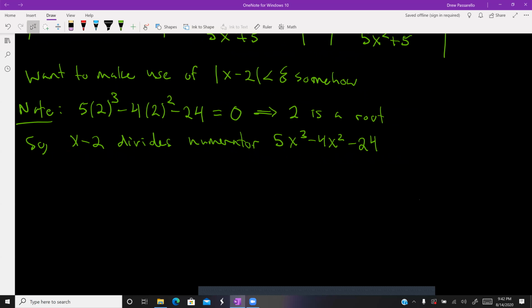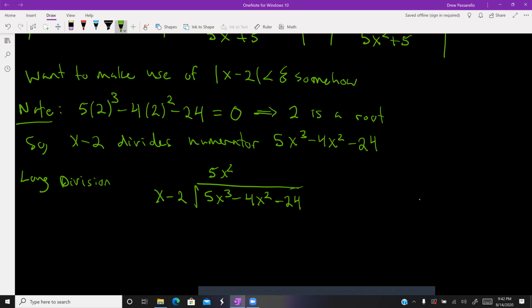All right, so we'll do some long division, or synthetic division if you know synthetic. So if we did the long division, dividing x minus 2 into the polynomial in the numerator, what do we get? We do 5x cubed divided by x, that's going to be 5x squared. Then we multiply that by x minus 2, so that'll be 5x cubed minus 10x squared.